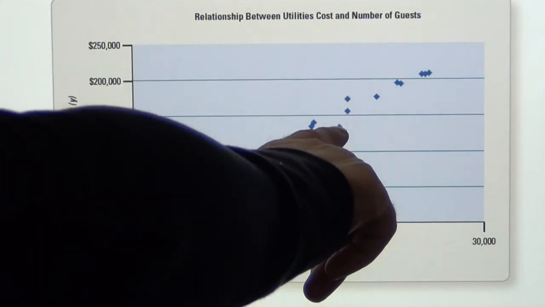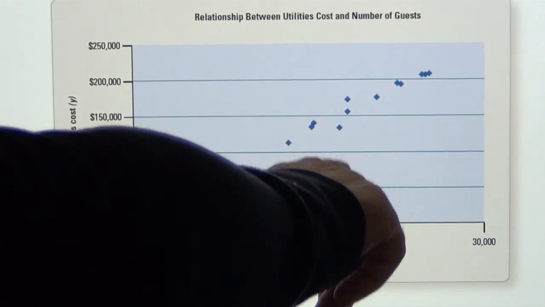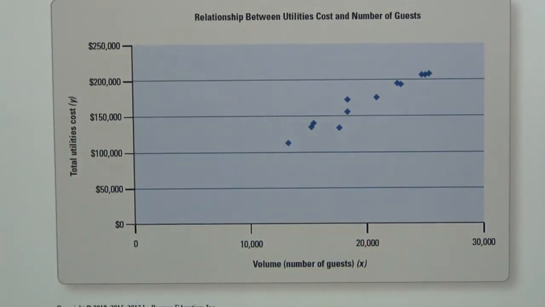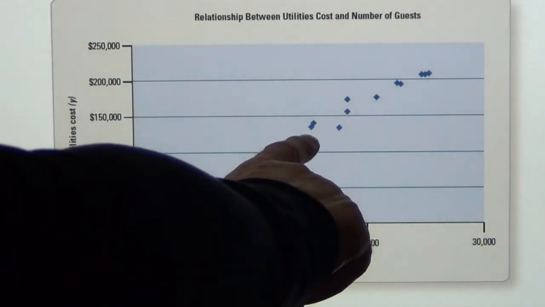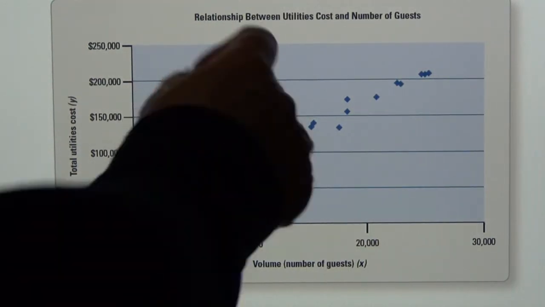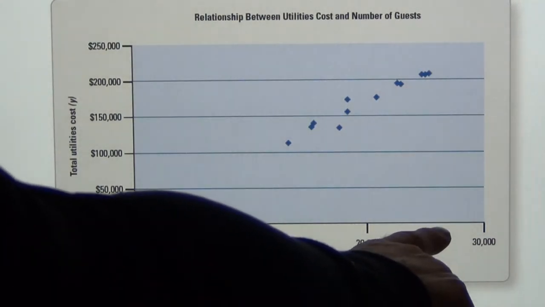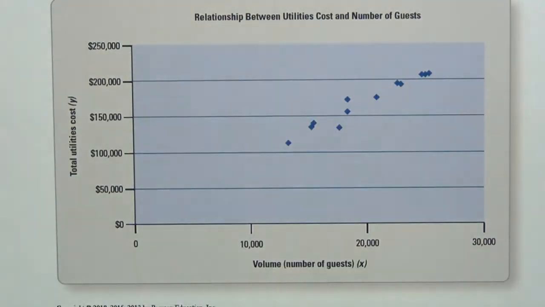You plot it, and the cost was $40,000. Then at maybe about 16,000, it was more like 147 or something. You just go down and keep plotting. Maybe at about 25,000 units, the cost was about 202,203,000.